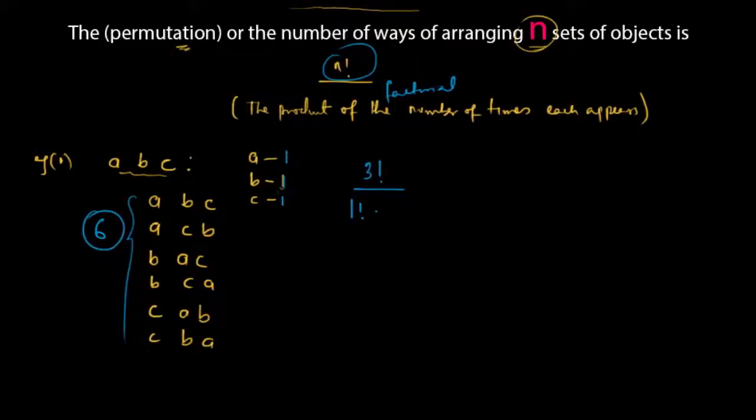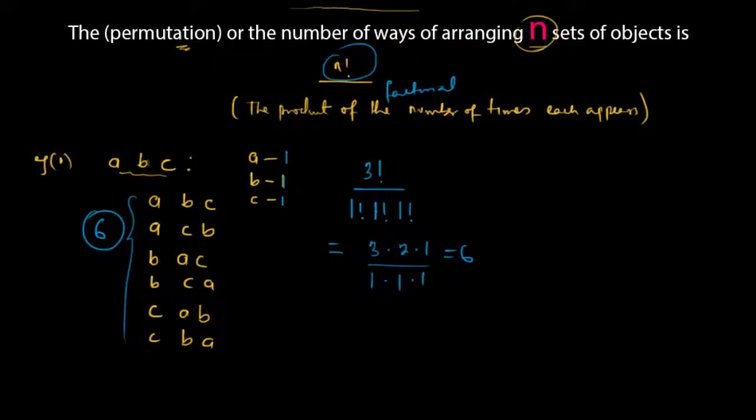A appears 1 time, so that's 1 factorial. B appears 1 time, that's 1 factorial. C appears 1 time, that's 1 factorial. So 3 factorial is 3 times 2 times 1, and the 1 factorials are 1 times 1 times 1, which still gives you 6. You observe that instead of going through the manual process of listing all of them, you could just use the formula, and then you have your answer.